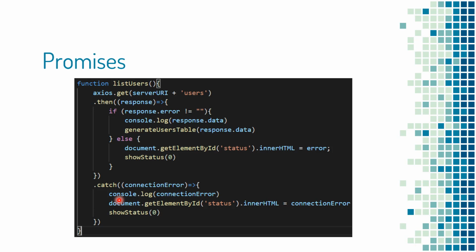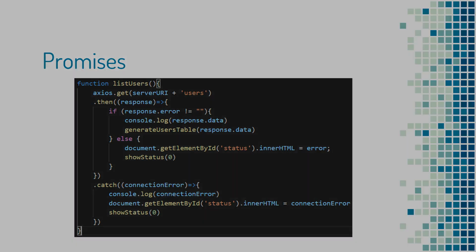But the key concept here is you will send a request and you will move forward to the next statement as long as you promise that you're going to do some process once the response is ready to be processed.